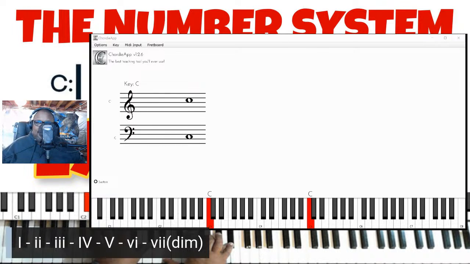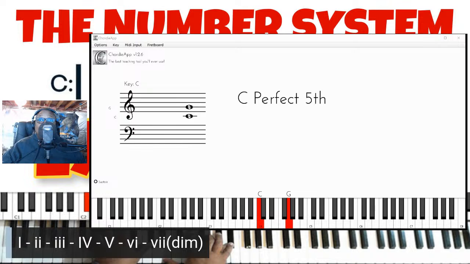For C major, everybody knows C major is C, E, G, right? I'll come down here so you might can see it better. If you take the third note, which is the E, the third note of the C scale, drop it down a half step. Then take the fifth note of the scale and drop it down a half step. There's your diminished. Now you've got a C diminished chord.